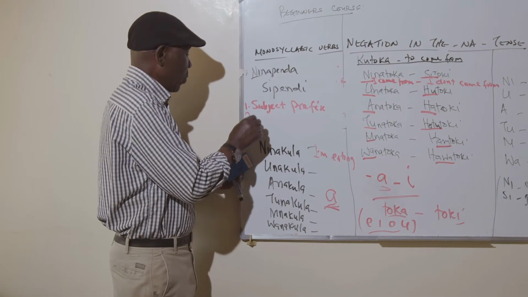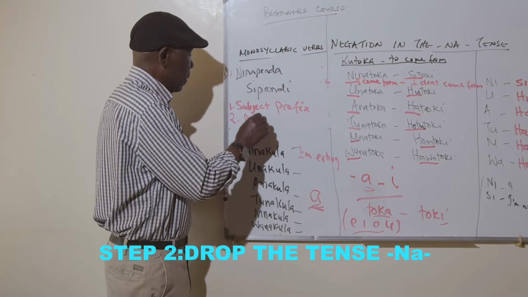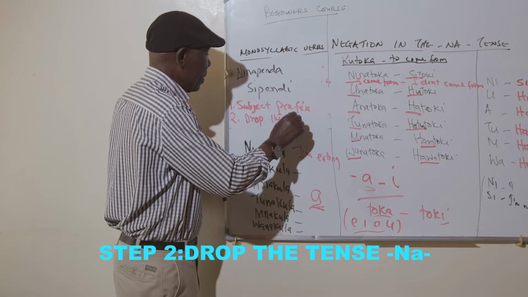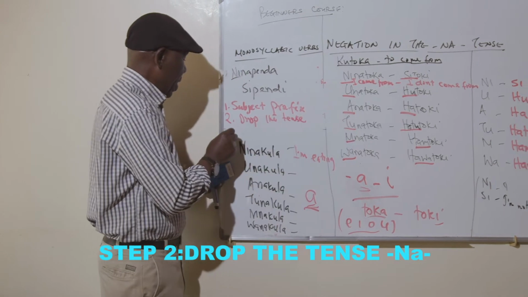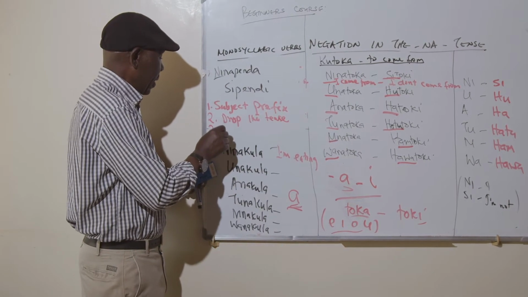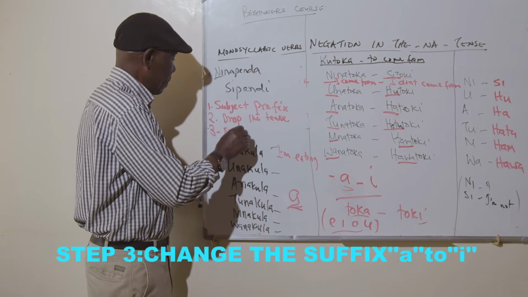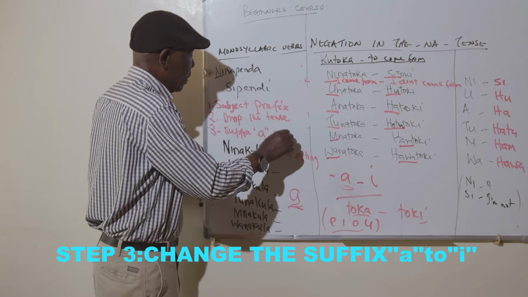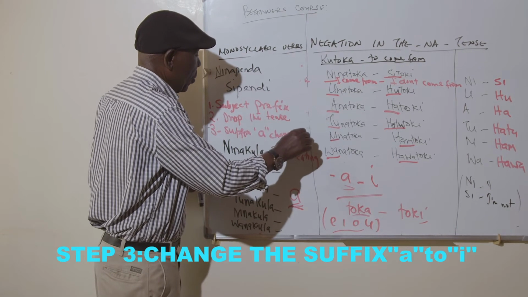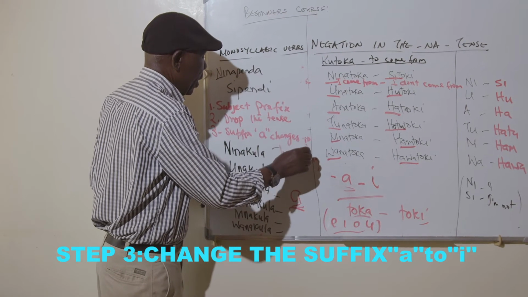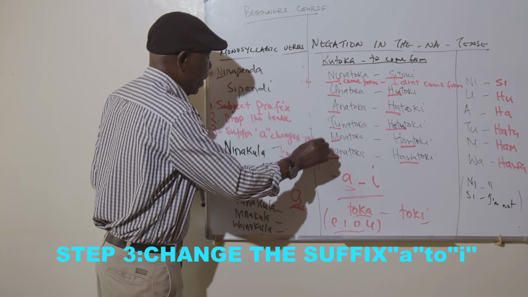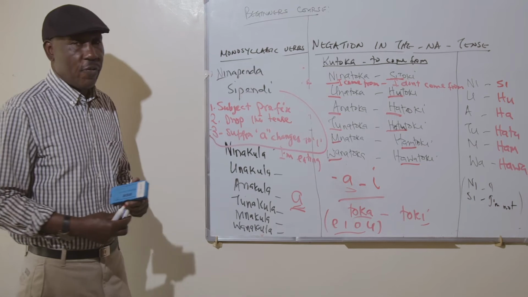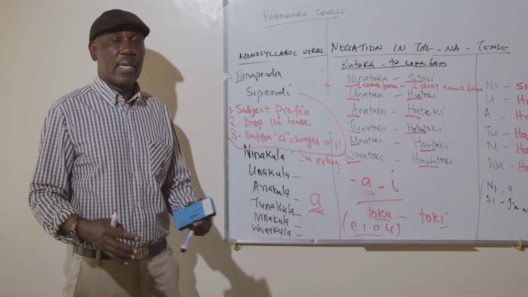Step number 2, drop the tense. Step number 3, suffix a changes to i. So these are the 3 major steps to observe when you are negating in the now tense.